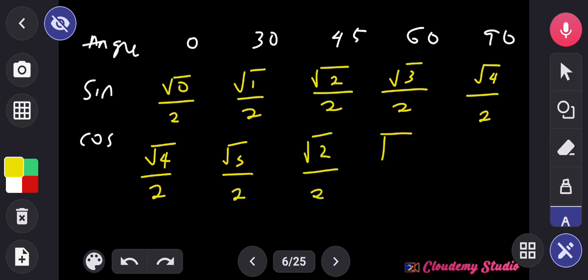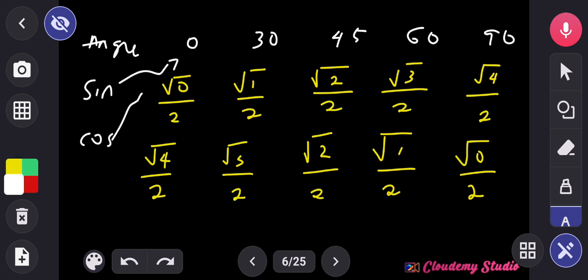This one is root 3 divided by 2. And this one is root 4 divided by 2. And for cos it goes in reverse: root 4 divided by 2, root 3 divided by 2, root 2 divided by 2, root 1 divided by 2, and root 0 divided by 2. You understand? Which means sine 0 equals 0, while cos 0 equals 1. You understand? Because root 4 divided by 2 is the same thing as 2 divided by 2. So that is how to go about that.